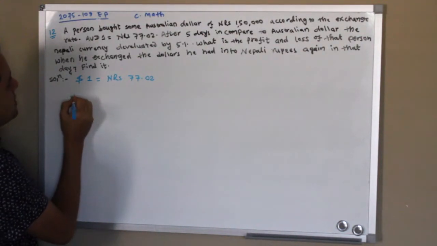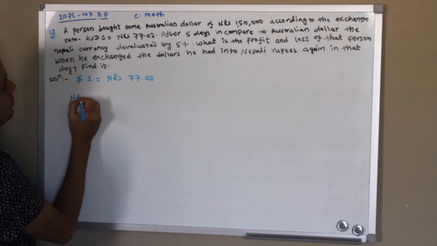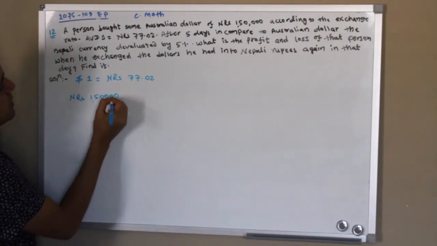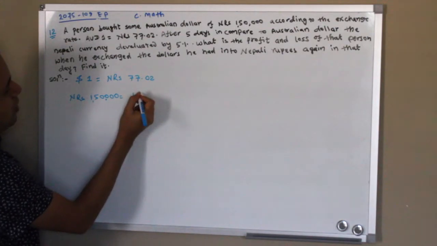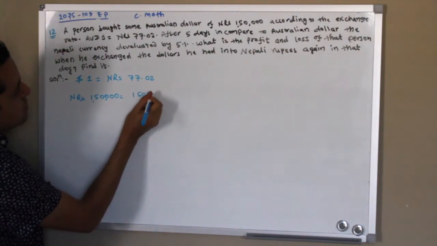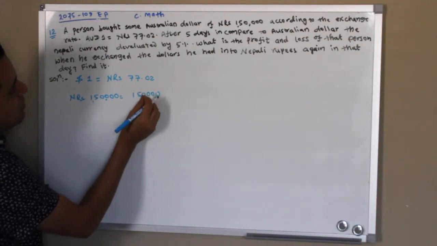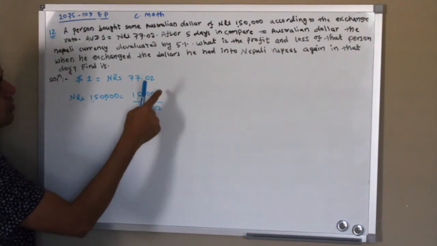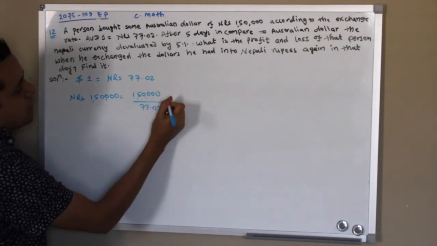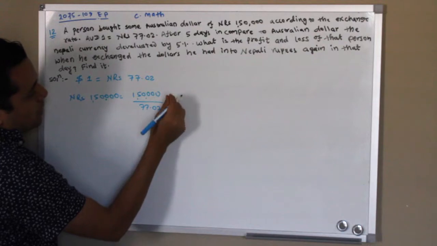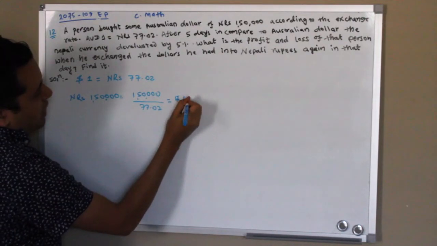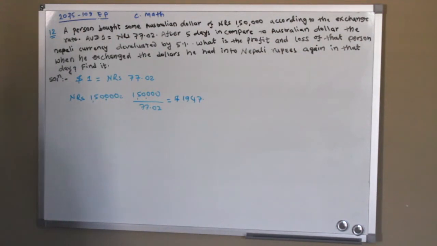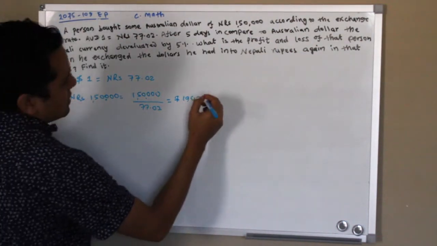Rupees 1,50,000 divided by 77, the rate, right? Because the amount over the rate gives you the dollars. If you divide that, you get 1947.546.